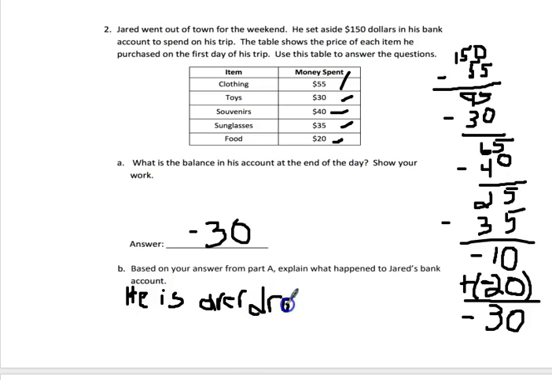So if he's writing checks for this, the money that he's borrowing is from the bank, and he owes the bank $30.